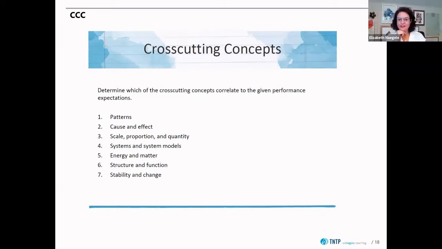So we've got 3-4 votes for cause and effect so far, which is great. I agree, cause and effect.